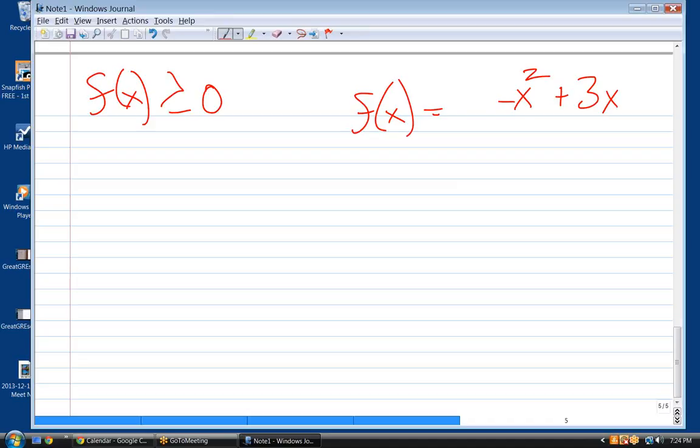Okay, so we want to graph the function and figure out where it's greater than or equal to 0. Which do you want to do first? Graph it. Okay, to graph it, we probably need to do what we need to do to figure out this part here also, which is to factor that.